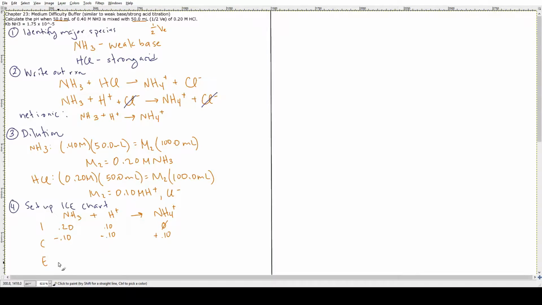So we ended up at equilibrium with 0.10, 0, and another 0.10. Hey, would you look at that? We have equal molarities of our weak base and what could be considered its salt, or its ion, its conjugate acid. That is going to come up now when we go to solve for the pH.